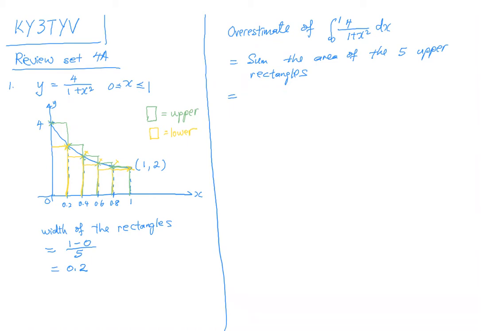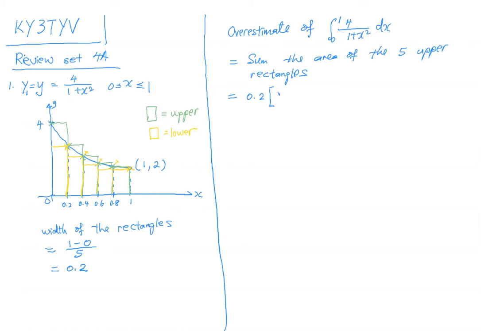So you have to write down the width. Then for the first one, the y coordinate used is when x is equal to 0. So during the exam, you want the examiner to understand what you are talking about. Can you please just write this in your calculator as y1?